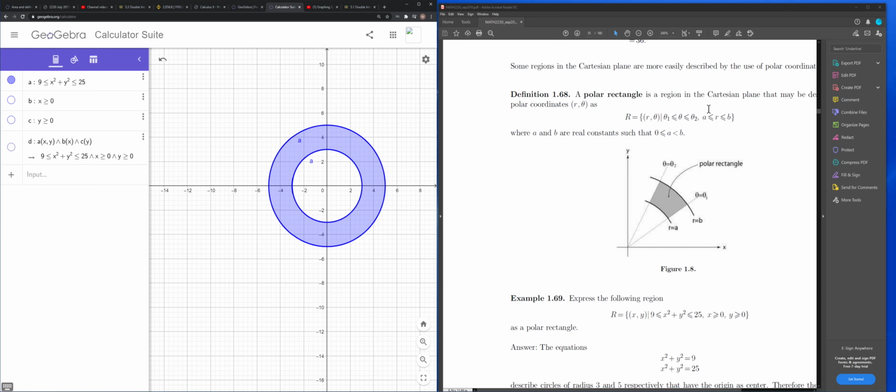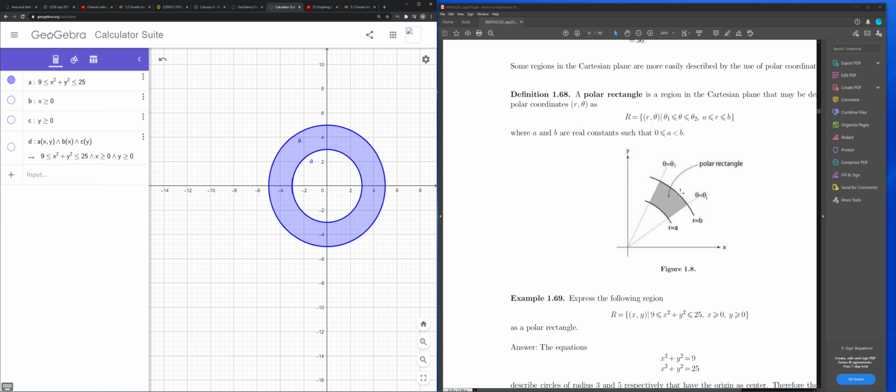So this expression, r between a and b, is in fact a ring or annulus with inside radius a and outside radius b, right? Your inside radius is this a over here, and the outside radius is the b over here. Okay, so that is what this one is.